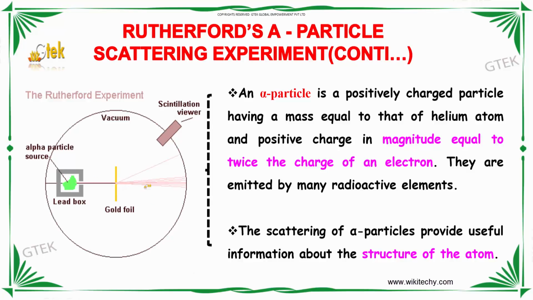The scattering of alpha particles provides useful information about the structure of the atom. You are able to see the alpha particle is passed and scattered, and this is viewed by the scintillation viewer, and the environment is vacuum.